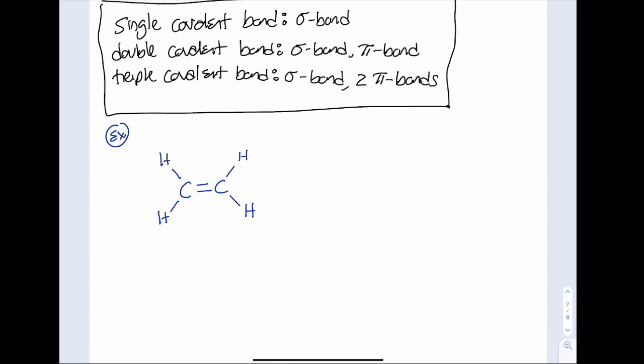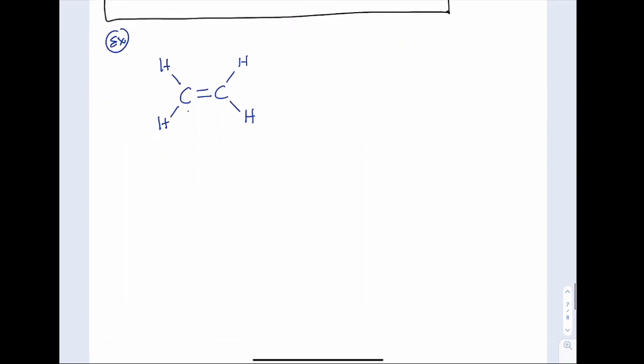So I drew this flat. This was that basic trigonal planar shape, and then this one is also trigonal planar. Nothing's coming out at us, nothing's going back; I didn't use any wedges or dashes. And then the hybridization: remember we said that if it has 3 electron groups, it's going to be sp2 hybridized.